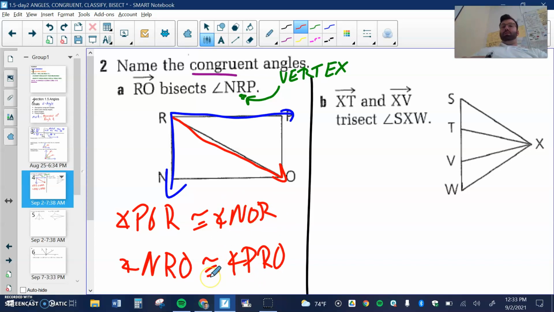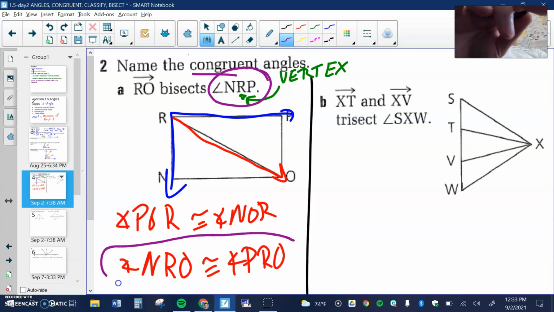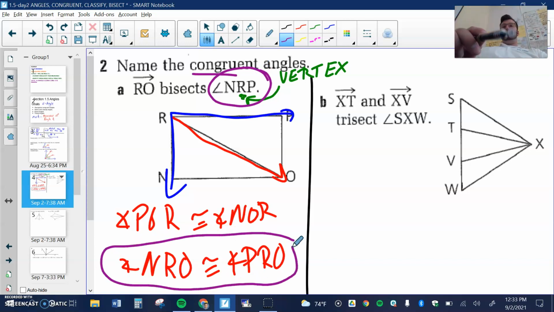The second option has R as the vertex. And since R was the vertex originally, this is the correct pair of angles. R is in the middle here, that means R must be in the middle down here. So this pair, not congruent. I cannot say that based on our information.